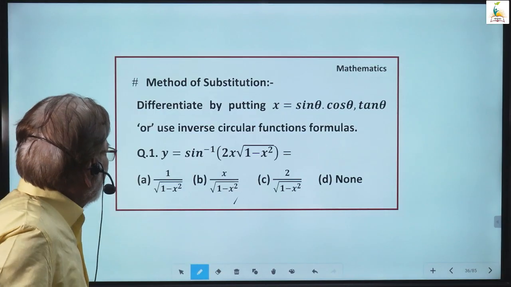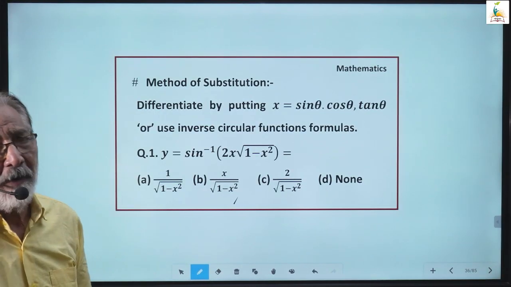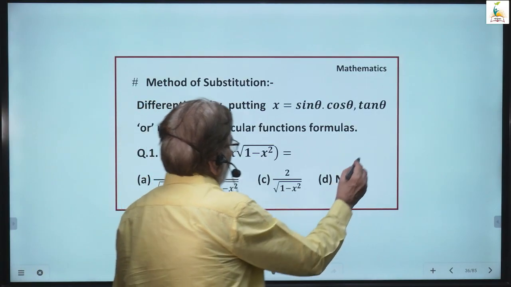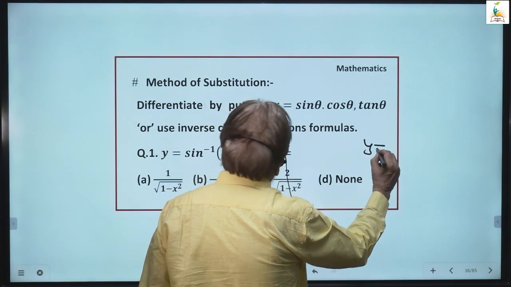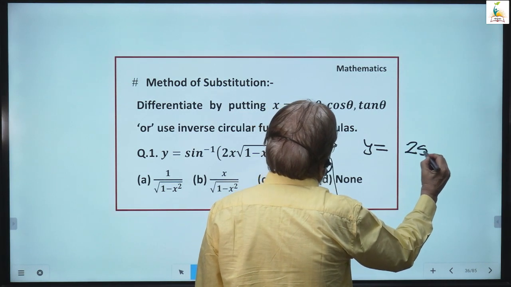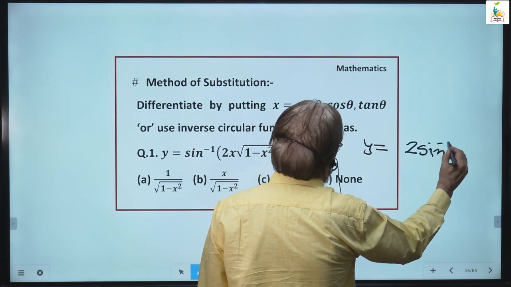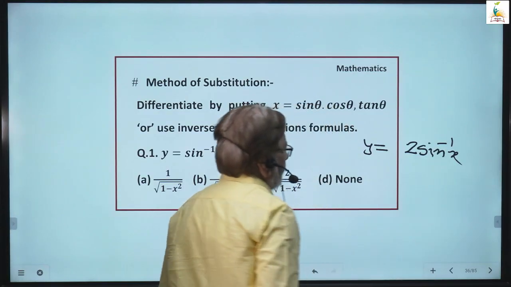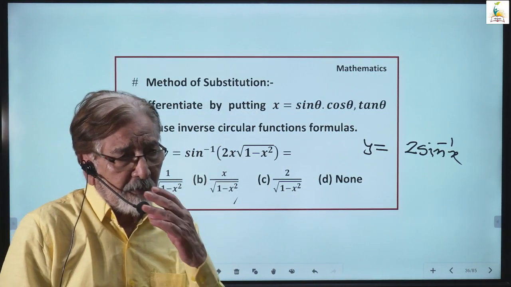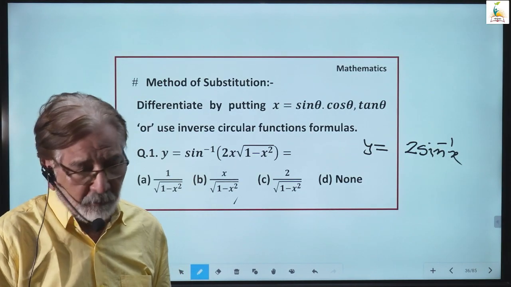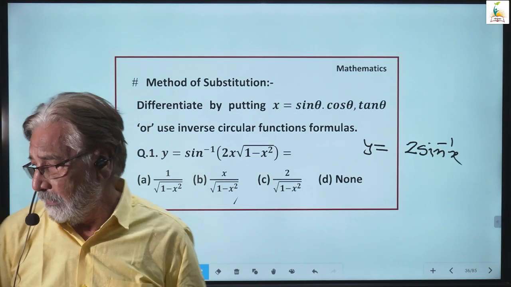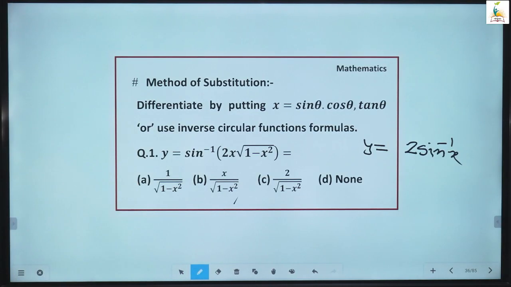The first method is, y equal to sin inverse of 2x under root of 1 minus x square. So y equal to 2 sin inverse x. We remember the formula that sin inverse of 2x under root of 1 minus x square is equal to 2 sin inverse x.